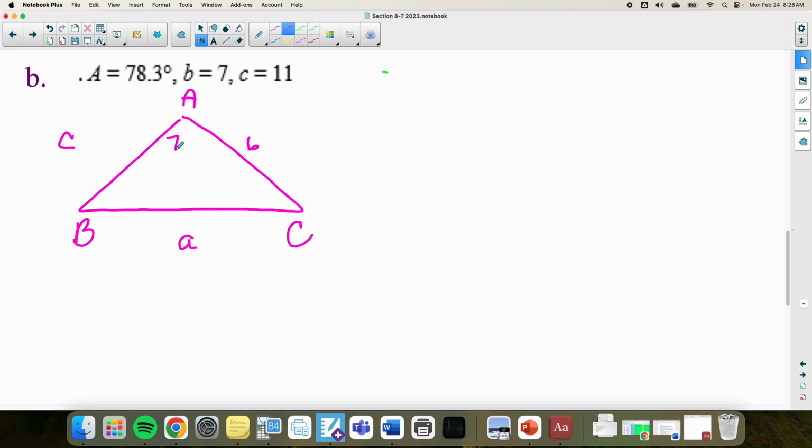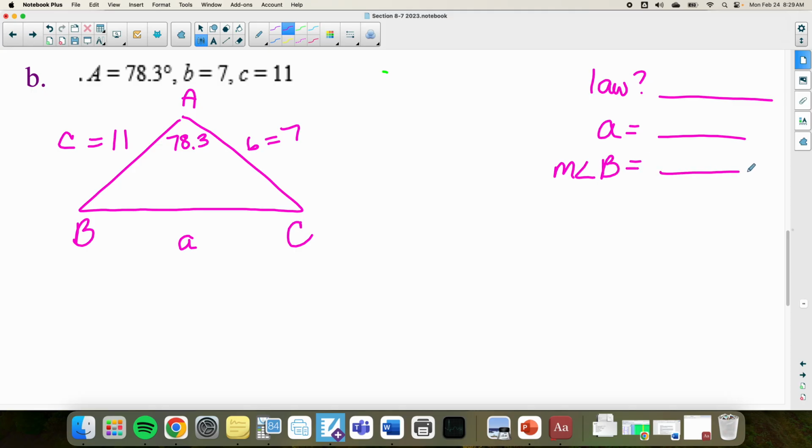A is 78.3, B is 7, C is 11, okay? So over here, I need to find what law to start with. I need to find little a. I need to find the measure of angle B as well as the measure of angle C.